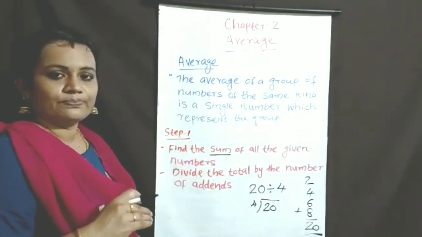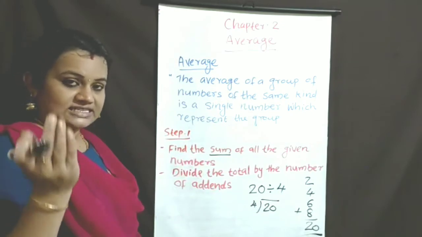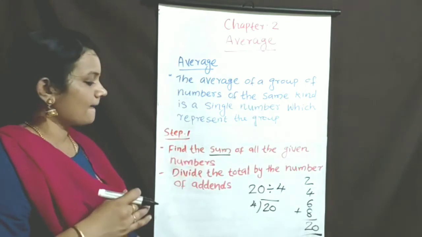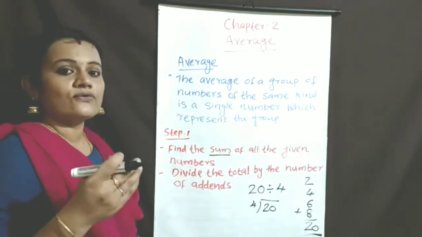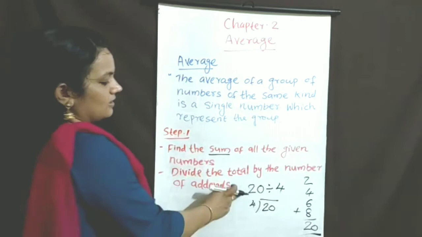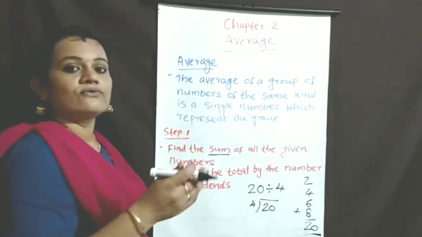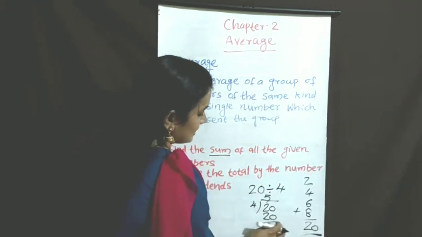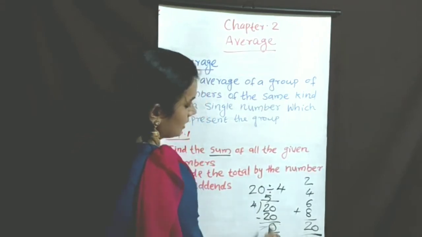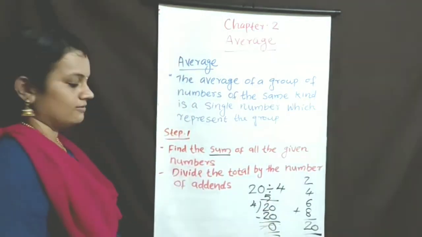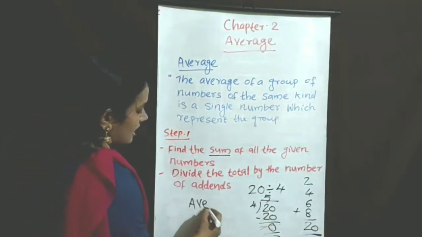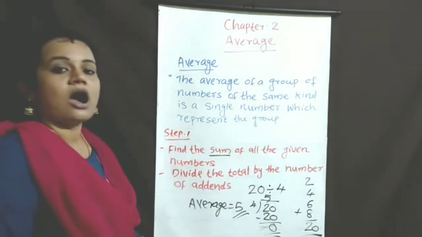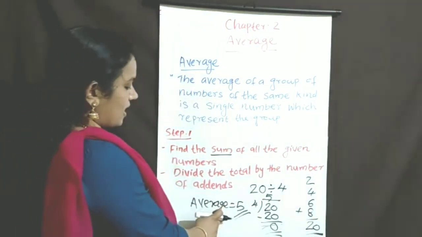Say table 4. 4 1s are 4. 4 2s are 8. 4 3s are 12. 4 4s are 16. 4 5s are 20. Then we got 20, 4 into 5. 20 minus 20 is 0. Then what is the answer? 5. So we can write the average of these numbers is 5.